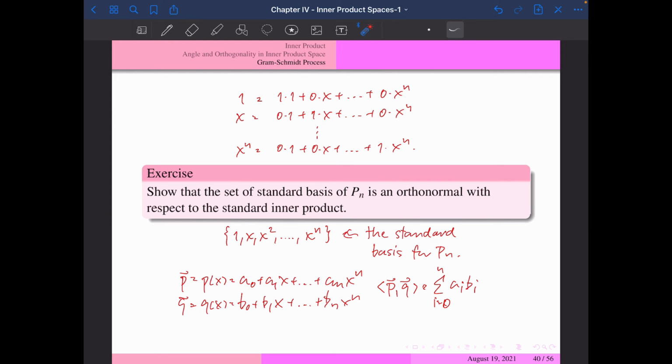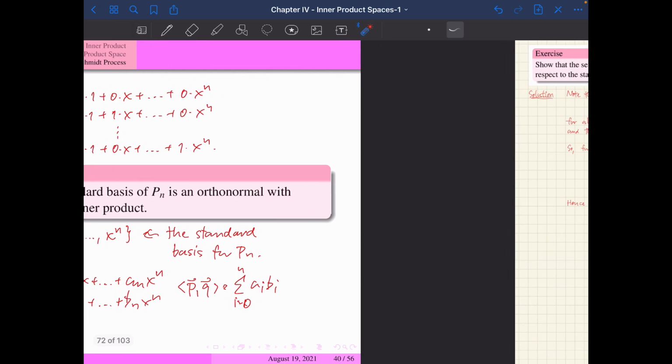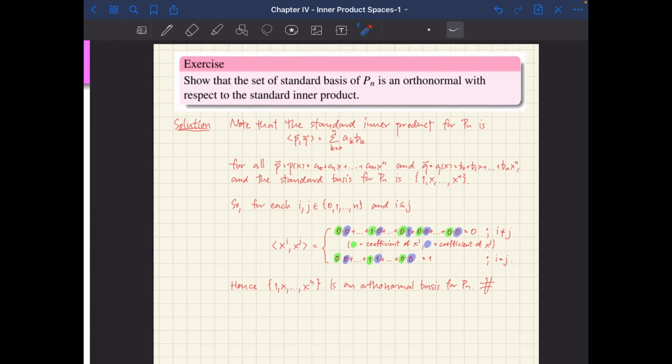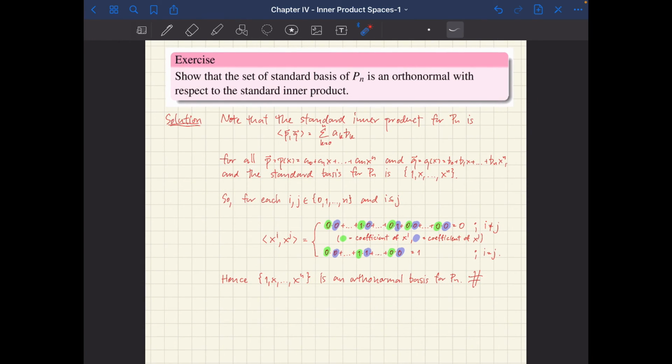So we will use this form to find the value of the inner product. It's not hard to find.